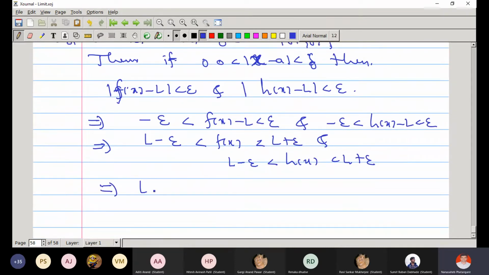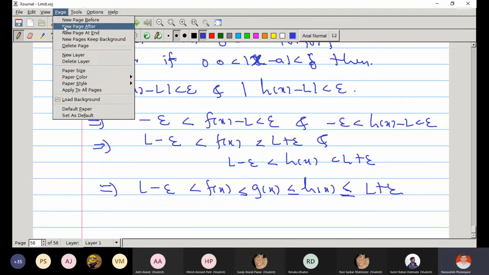But we know that for every x, f(x) is less than or equal to g(x), and g(x) is less than or equal to h(x). Whatever x is doesn't matter. And in particular for this x, h(x) is less than L plus epsilon. So that's what we get from the above discussion.